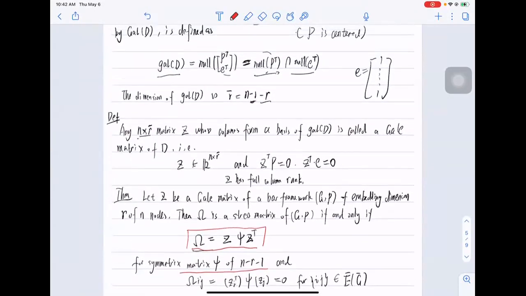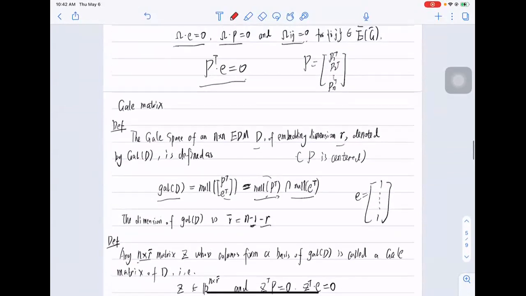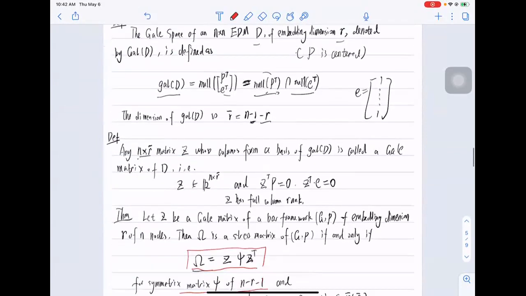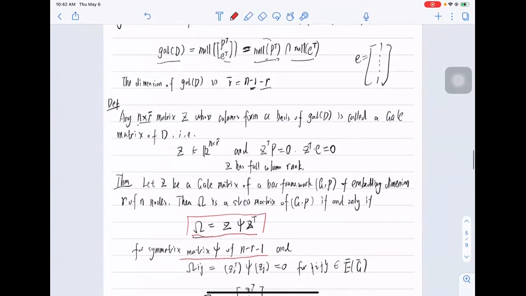You can do the same in the characterization of the stress matrix that you had earlier, just scroll up a little bit. Yeah, so you can do the same here, right? But here you have a small dimension. Phi has a smaller dimension than the stress matrix omega.